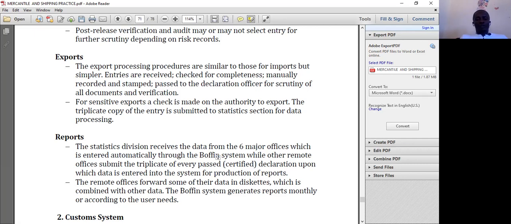Now, for sensitive exports, a check is made on the authority of export, then a triplicate copy of the entry is submitted to the statistics section for data processing.